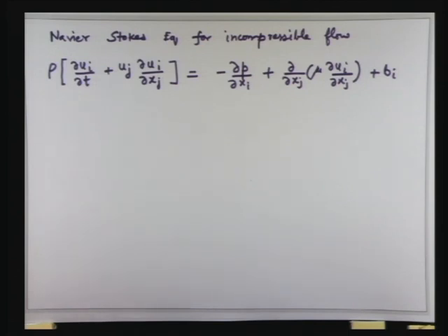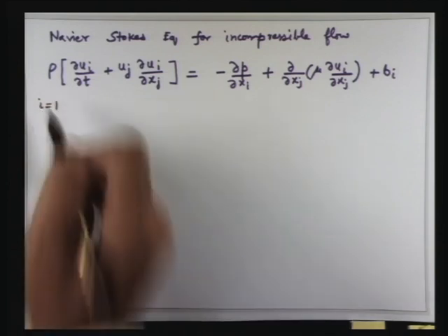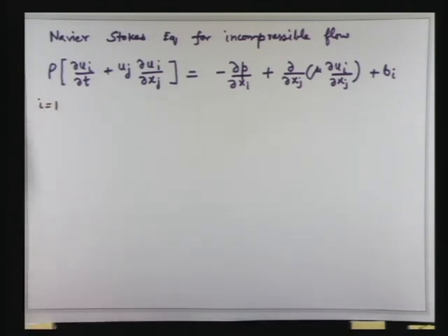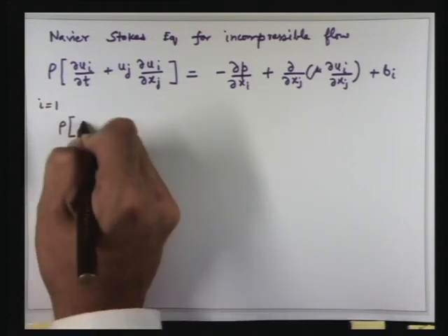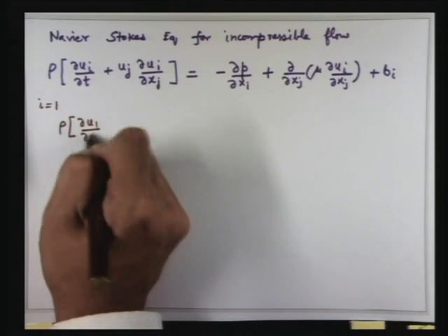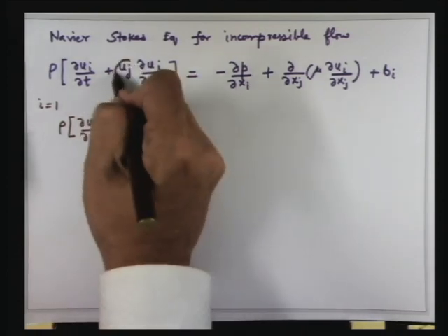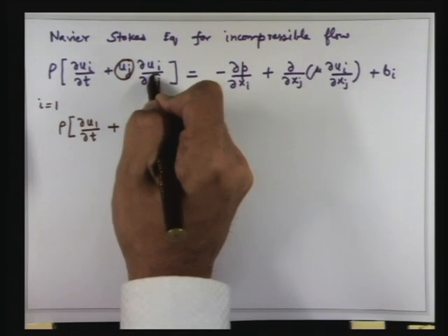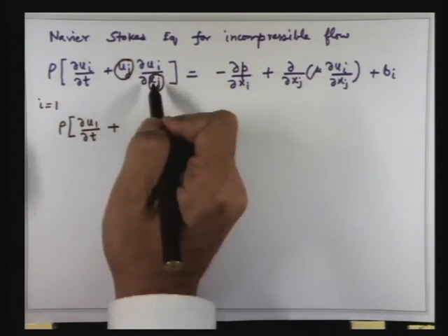So let us take an example with i equal to 1. i equal to 1 is nothing but the x momentum equation. So rho del u1 del t plus, here there is a repeated index, you see, uj and xj. So j is a repeated index.